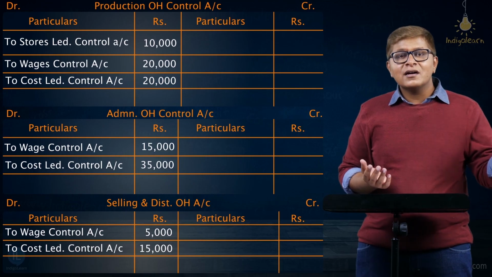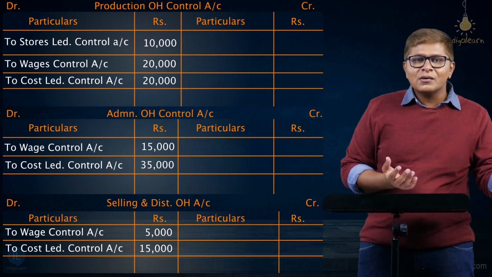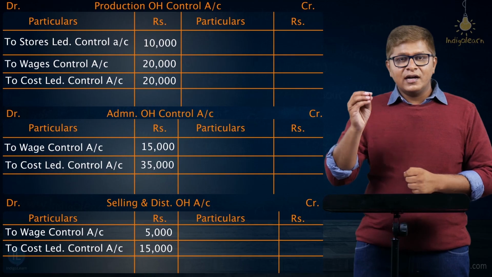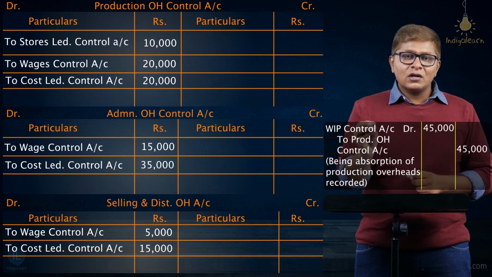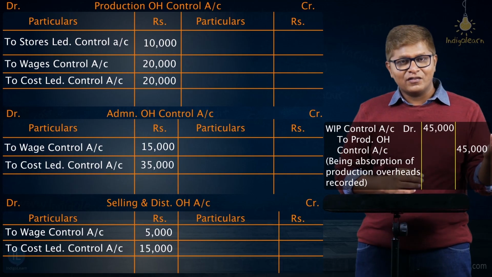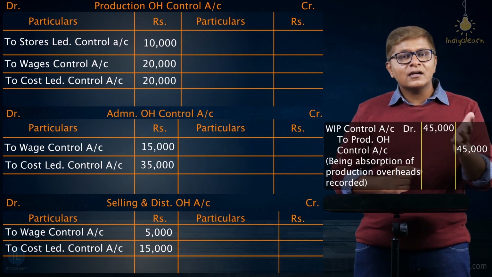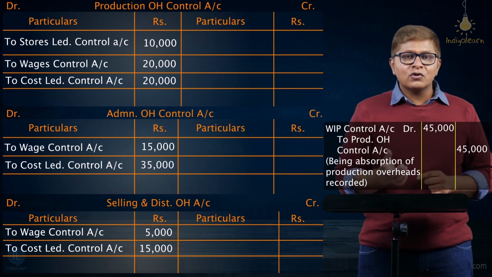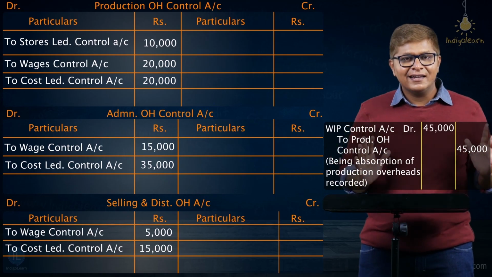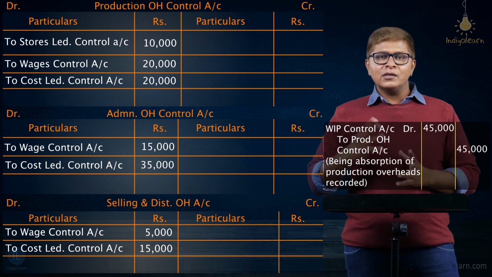To the WIP control account, because the production has to absorb this expenditure. So the entry for that will be WIP control account debit rupees 45,000 to production overhead control account rupees 45,000 being absorption of production overheads recorded. Let's go to the respective ledger accounts and do the posting.